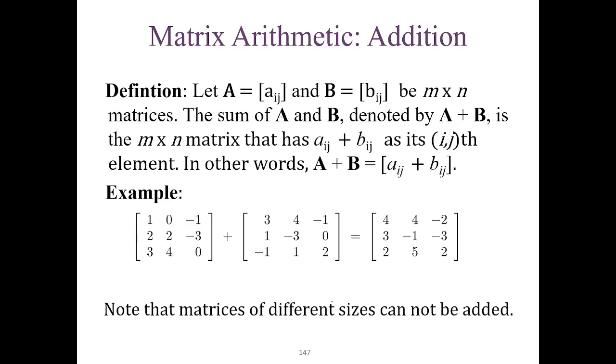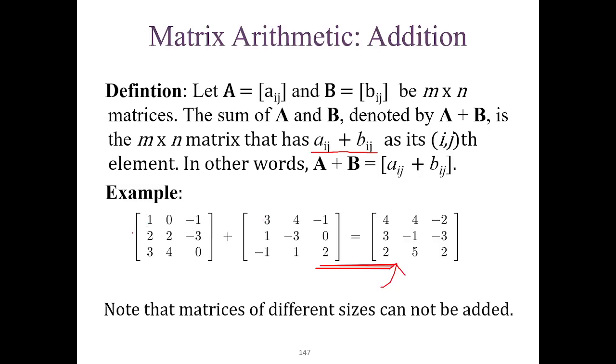Next, let's see how to add two matrices. If we have one matrix A and another matrix B, we use Aij and Bij to represent the entries. The sum of A and B we will denote by Aij plus Bij, which means we take the corresponding positions and add these two elements together to form a new matrix. I believe you must be very familiar with the addition of matrices, so maybe we can just see one example.